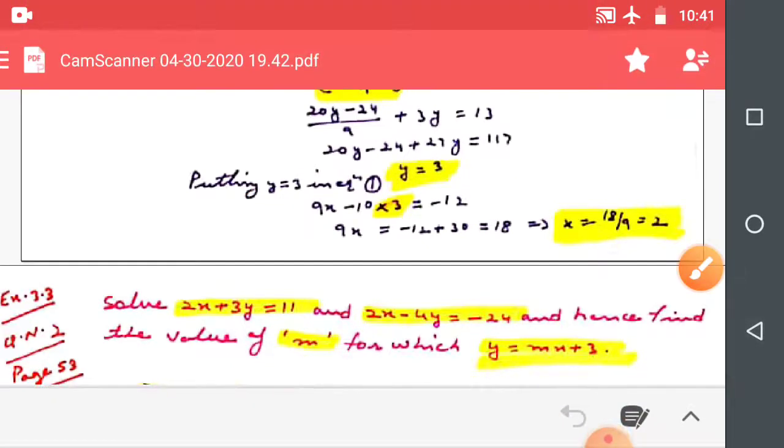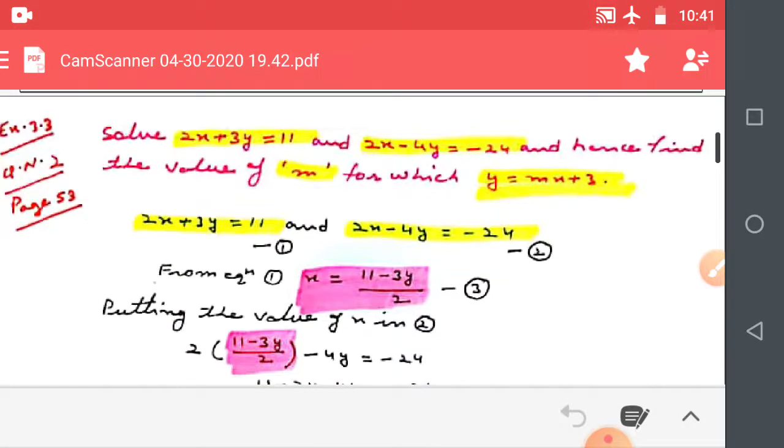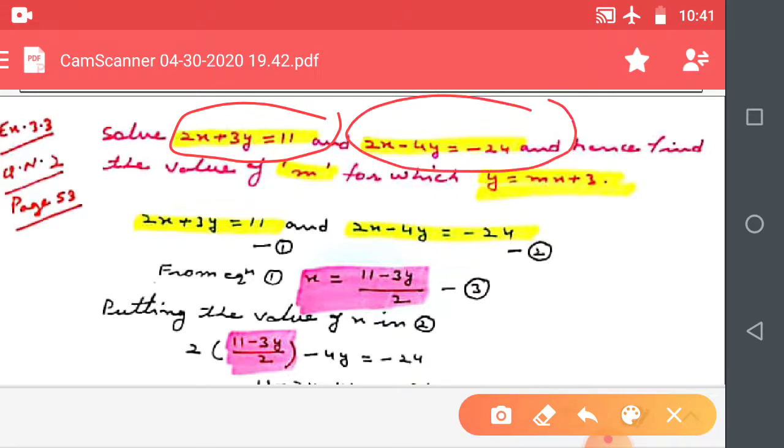Now come to question number 2 of exercise 3.3. The question is, solve 2x plus 3y is equal to 11 and 2x minus 4y is equal to minus 24, and hence find the value of m for which y is equal to mx plus 3.